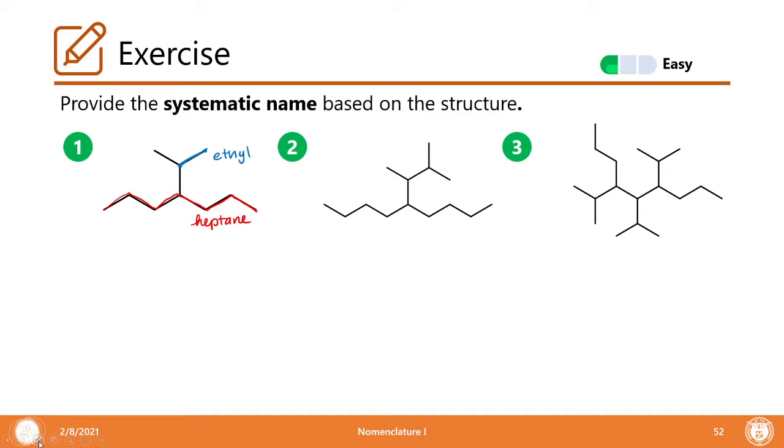And at the 1 position of that ethyl, we have a methyl group. For our heptane, it's equidistant from both sides, so I will start here: 1, 2, 3, 4, 5, 6, and 7. So it's number 4.